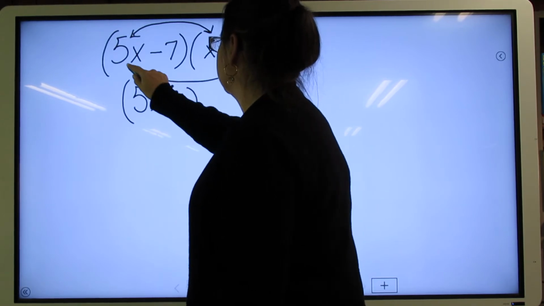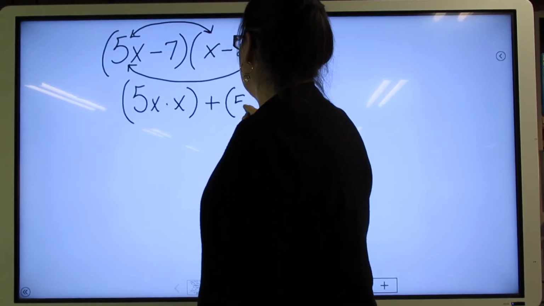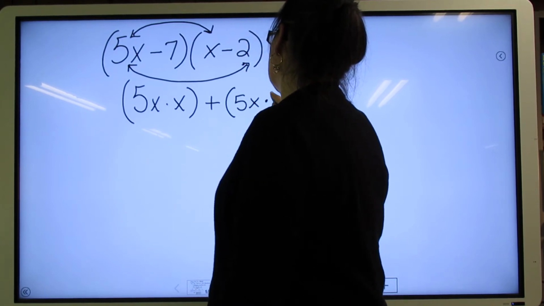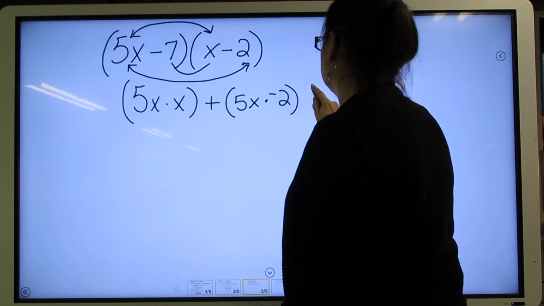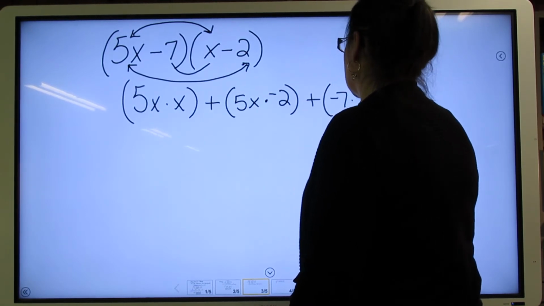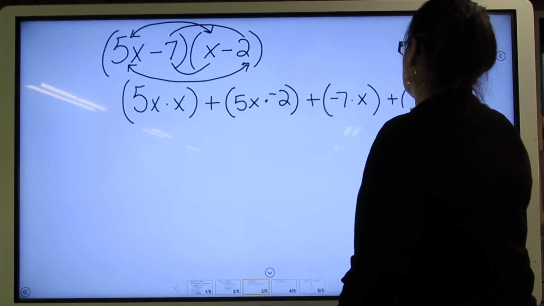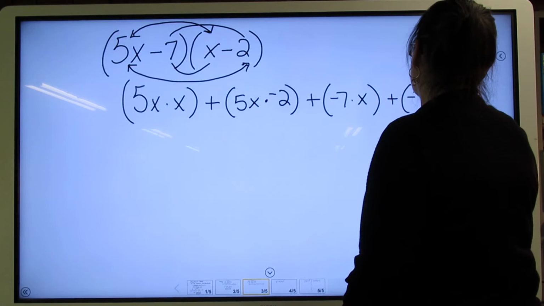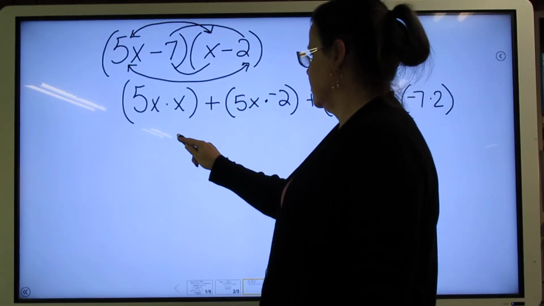Outer, 5x times negative 2. Take that sign with it. Inner, and then last. And now do your multiplication.